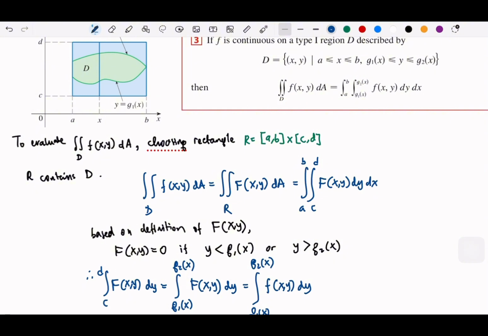Sometimes we don't need to fully visualize in 3 dimensions. As long as we can easily draw this area, the projection of the surface, we can compute easily. So understanding the area of integration will be important.